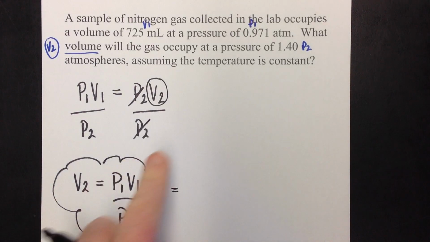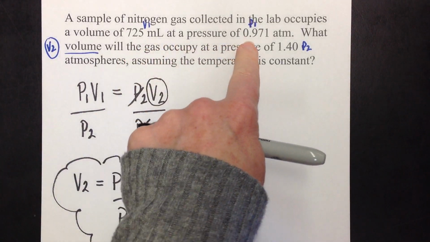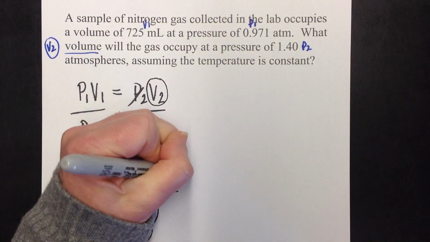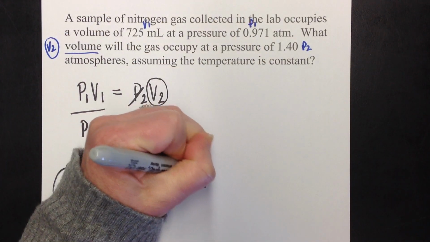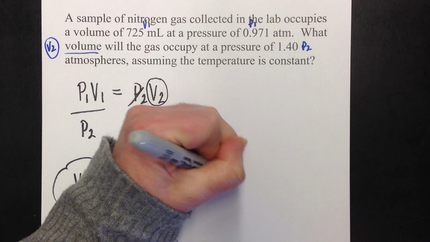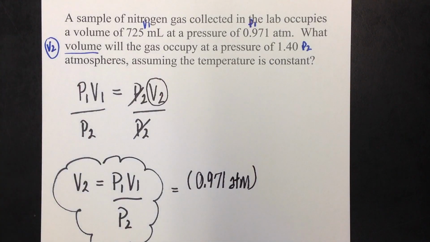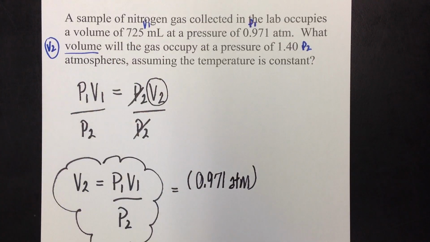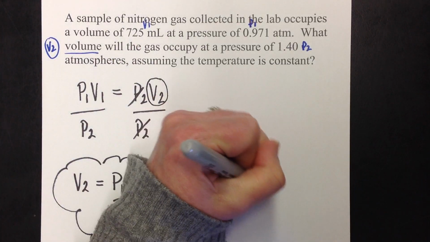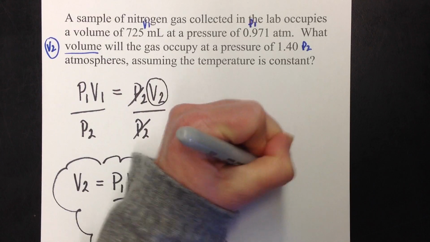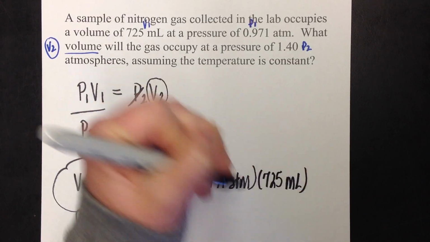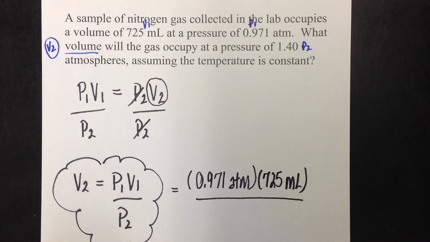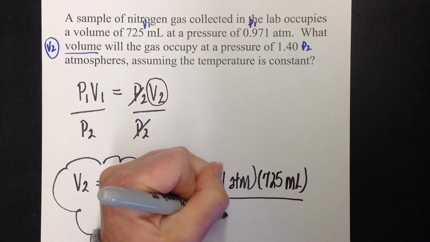I've already got everything labeled from up here at the top, so let's do that. So V2 equals P1, which was 0.971 atmospheres, times V1, which was 725 milliliters, over P2, which was 1.4 atmospheres.